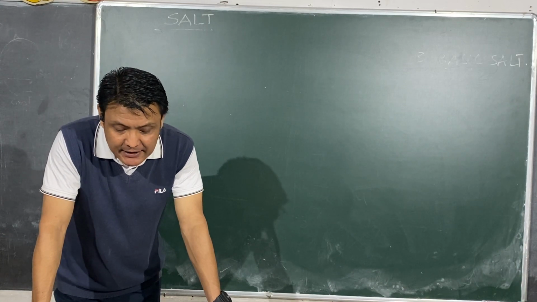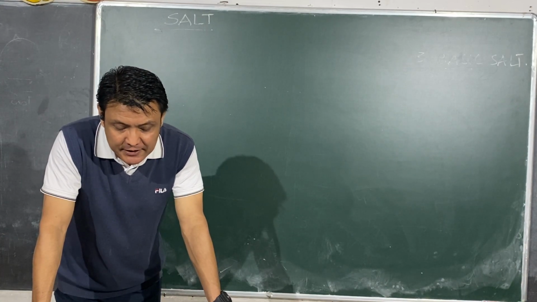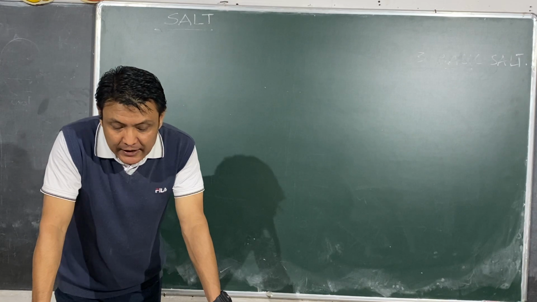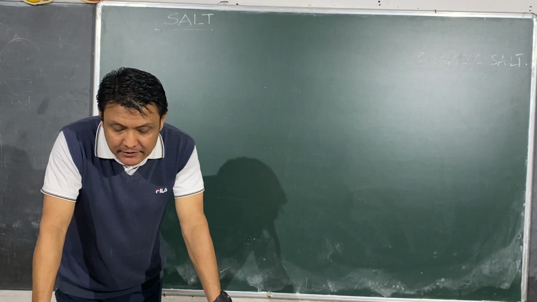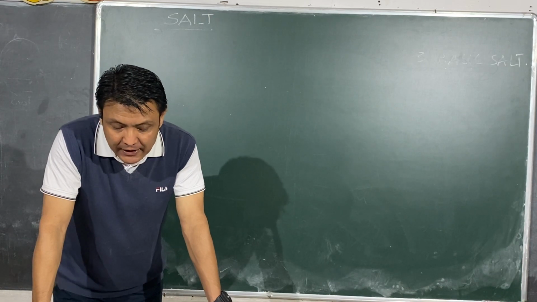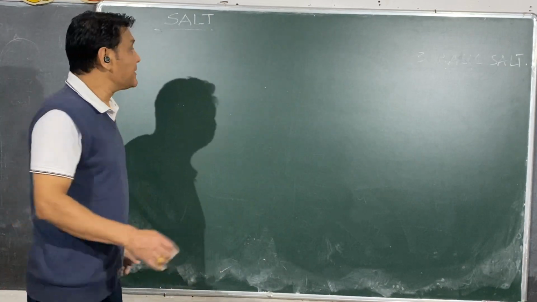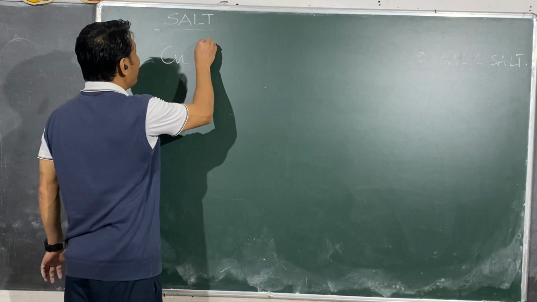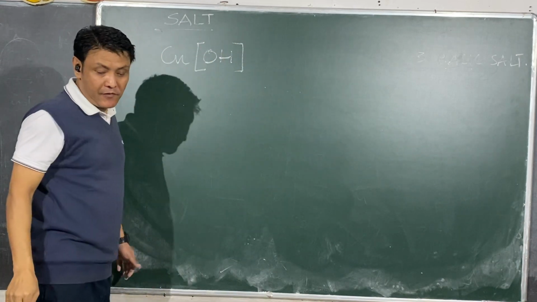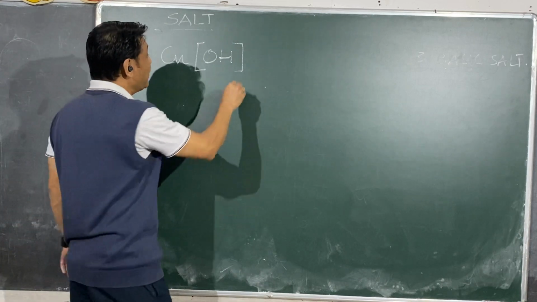It contains a cation, that is a metallic ion, a positive ion, and two negative ions: the hydroxyl ions of the base and the anion of an acid. For example, Cu(OH)NO3.